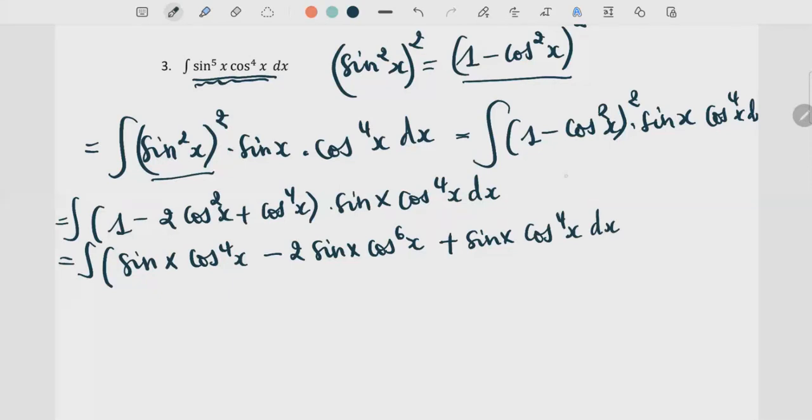Sorry, not 4x, that would be 8, right? Because it's cos to the 4x multiplied by cos to the 4x there. So that's cos to the 8.